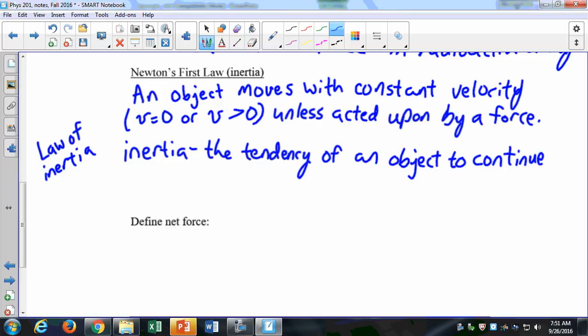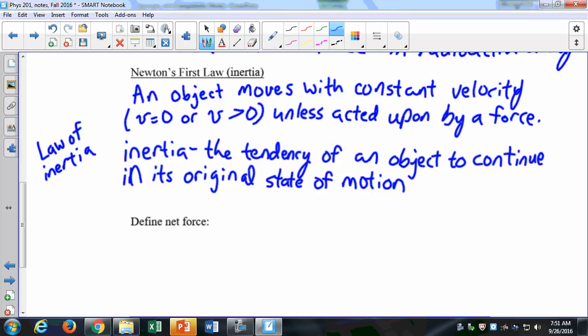This is really just a restating of the first law. So, the tendency of an object to continue in its original state of motion. And inertia we measure with mass. So mass, which we measure in kilograms, is a measure of inertia.